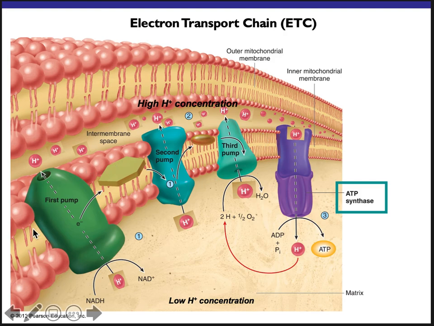Okay, and so by passing the electron, you get energy to pump protons. You make a very steep gradient, and that powers the ATP synthase. So hopefully you're feeling better about this process, and you're ready to move on.